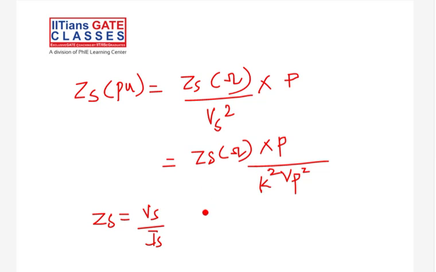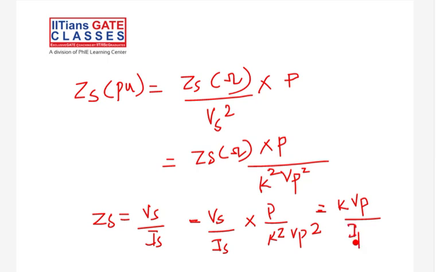Okay, so it would be Vs by Is into P divided by K square Pp square, right? So this would be K Vp divided by Ip by K into P divided by K square Vp square, right? So the K square gets cancelled.